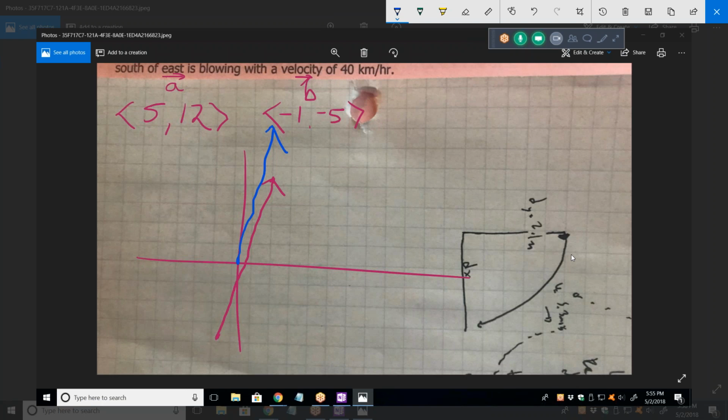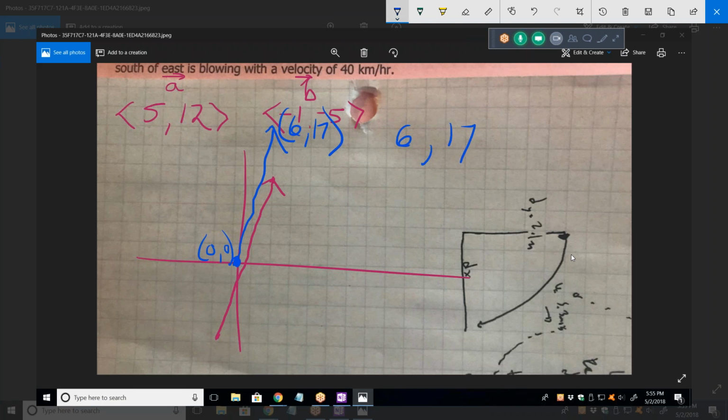In other words, I could say that if I go to 6, 17, in other words, if I go from 0, 0 to 6, 17, I have the same vector, only this blue vector is called a positional vector, I believe, meaning that one end of it is the origin.